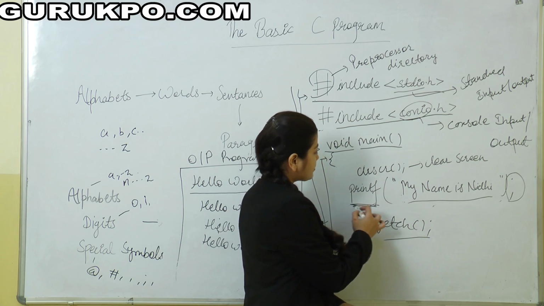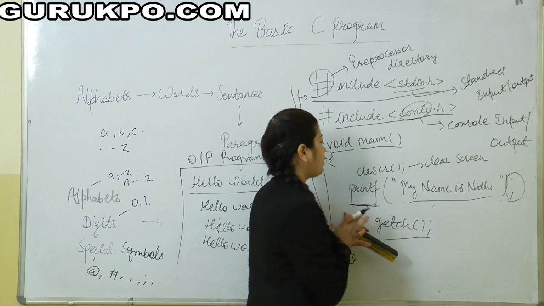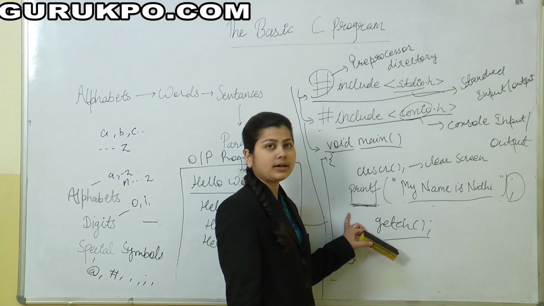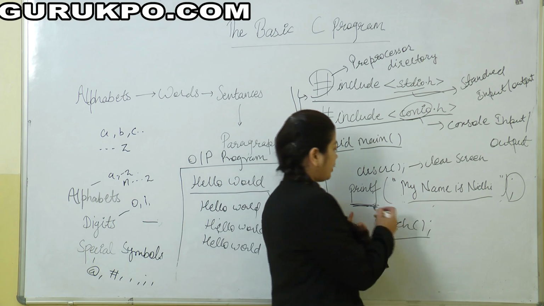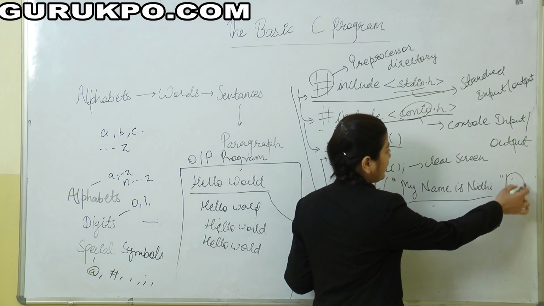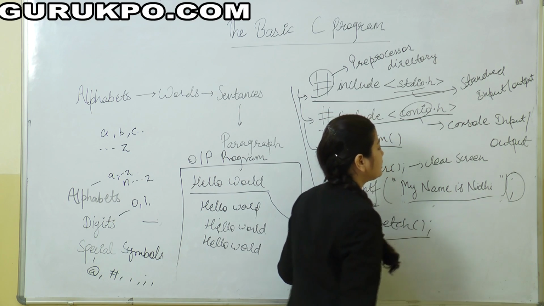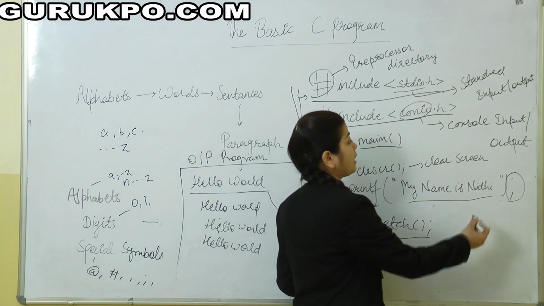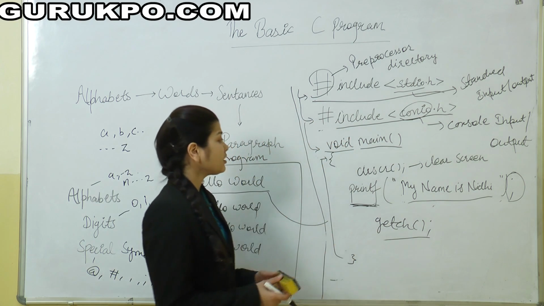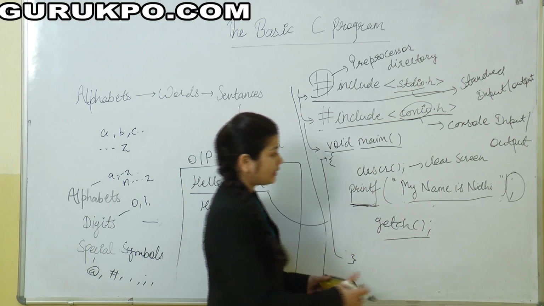And the printf statement is also a function which is used to print something. After the statement we have to write the semicolon. When the compiler finds the semicolon, the control breaks to the next line.